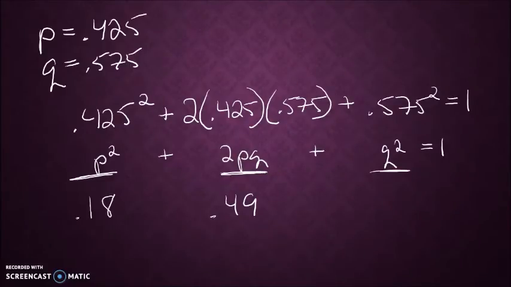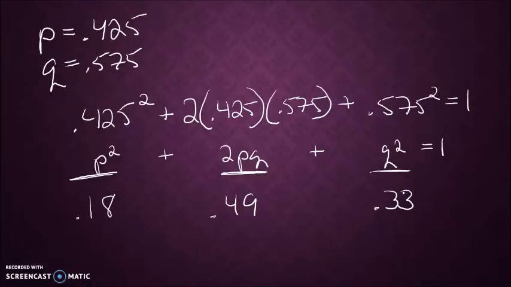Then I'm going to go 0.575 times 0.575, and that's going to equal 0.33. Again, it's a much longer number. I'm just going to round. Now, if you have a square button on your calculator, you can use that, or you can just multiply them.